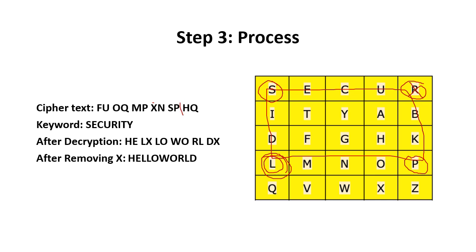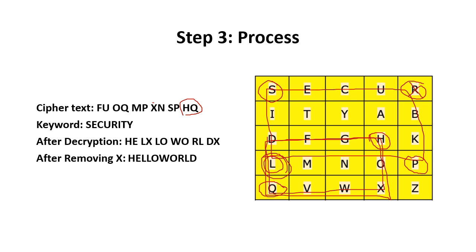And finally we have one more pair, that is H and Q. So H is here and Q is here. Here also both the letters are in different rows and columns, so again we have to follow rule number 3, which is to follow this rectangle, right?